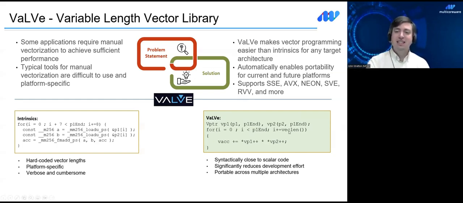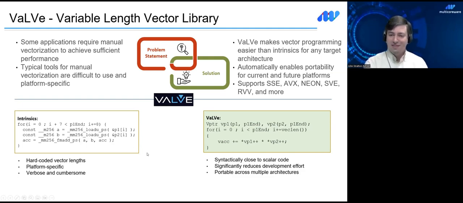But the idea is that it should be meaningfully better in terms of performance because you're giving the compiler significantly more information about the explicit vector opportunities. And it should be much easier to program compared to intrinsics because the syntax is just much more similar to the scalar pointer code and object and element-oriented programming that we're used to doing.